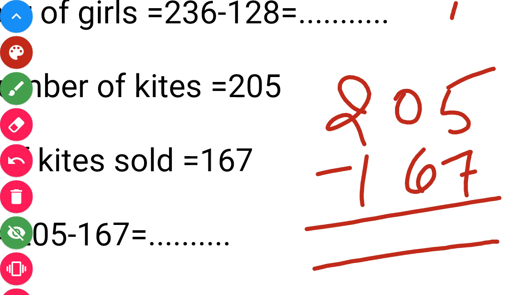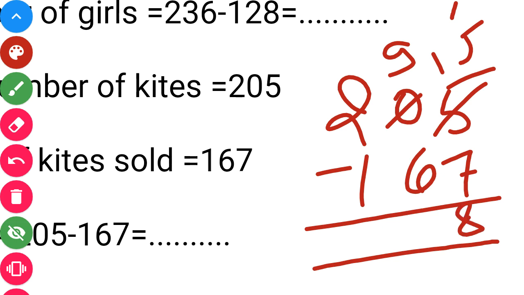We know that we cannot subtract 7 from 5. So this 5 will become 15. This 0 will become 9. Count after 7 to get 15. 8, 9, 10, 11, 12, 13, 14, 15. We'll get an 8 here.